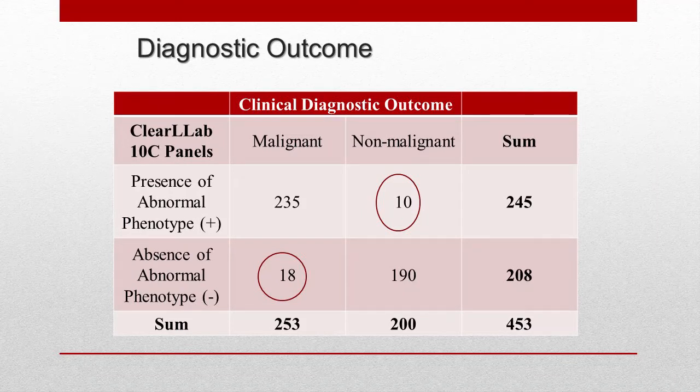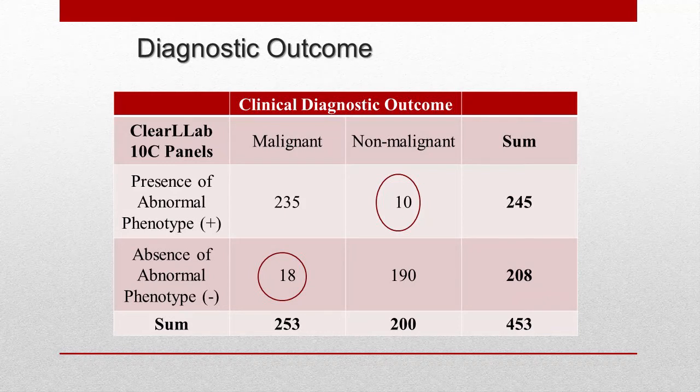Obviously, in a routine laboratory, you take into multiple factors, so you'd have the aid of lots more diagnostic things. So even by itself, the ClearLab can detect abnormal populations, or in this case, eliminate the need for further testing.